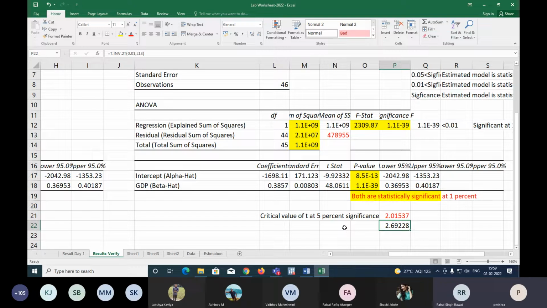It is greater than 2.015, so it is significant at 5%, but it is less than 2.692, so it is not significant at 1%. So if I select 5% significance level, the null hypothesis will be rejected. If I select 1% significance level, the null hypothesis will not be rejected.